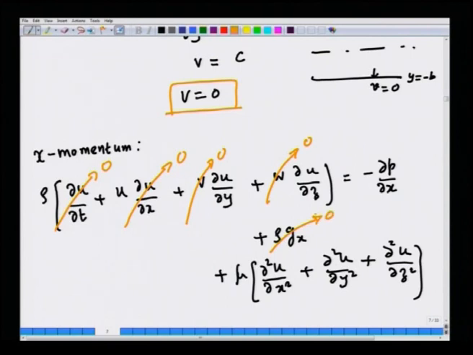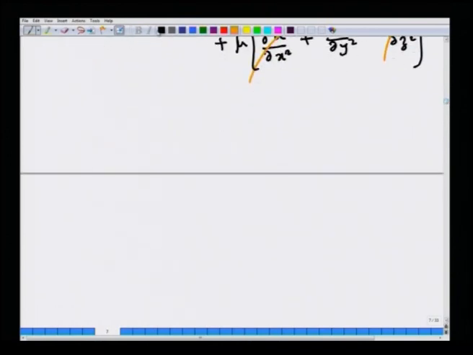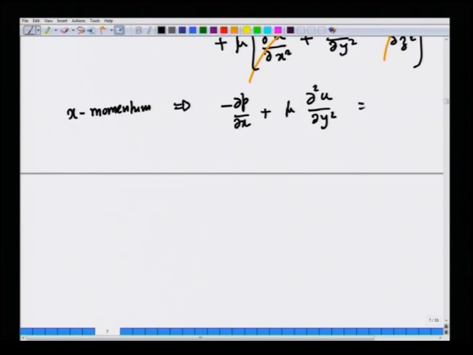There is no acceleration due to gravity in the x direction, this is 0. Flow is independent of the x direction, this is 0. Flow is independent of the z direction, this is 0. So, the x component of the Navier-Stokes equation simply tells us that minus partial p partial x plus mu partial squared u by partial y squared is 0.